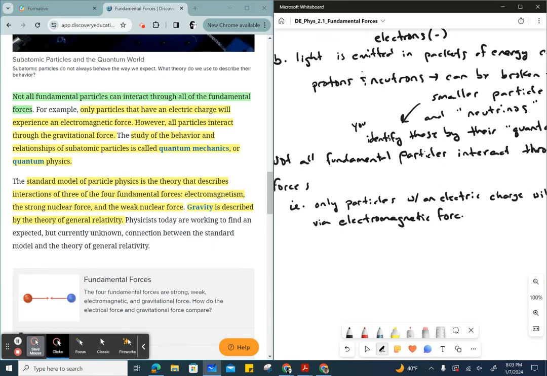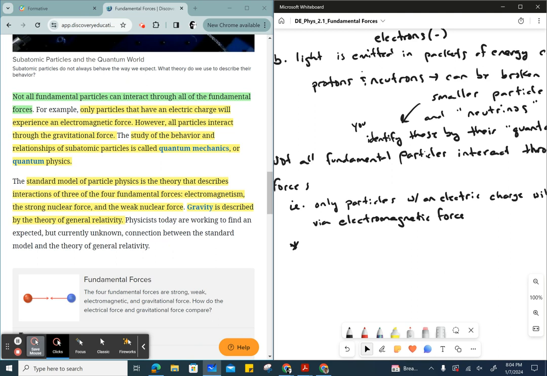Okay, if you don't have a charge, you're probably not going to participate in any type of behavior involving positive and negative charges. If you don't have any of these type of charges, you're not going to be involved with that kind of force.